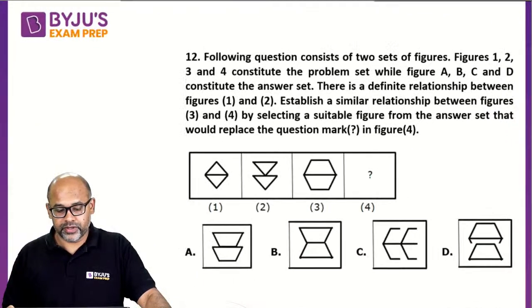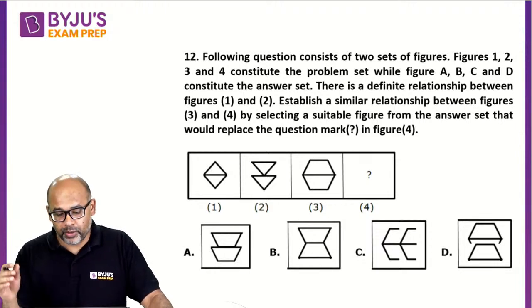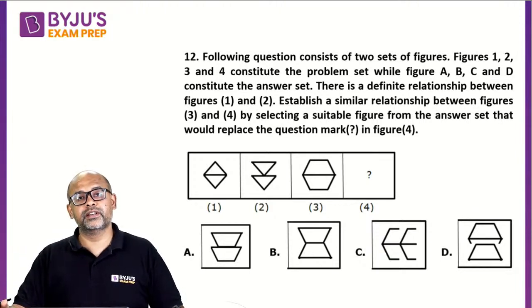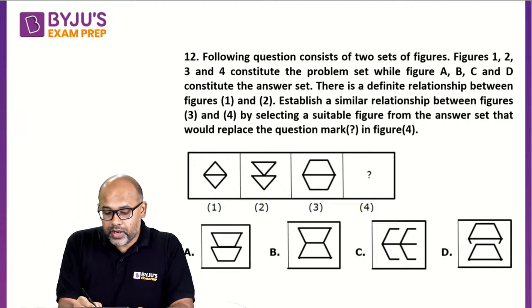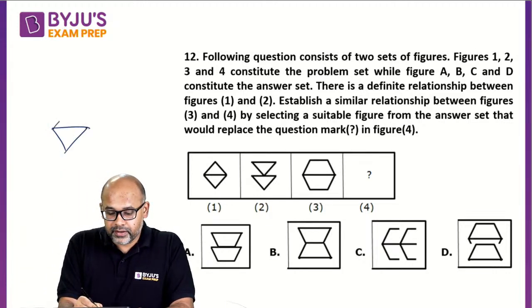Let's move on. Next question. Again, a very simple one. Probably in 15 seconds you can give me the answer for this. 15 seconds. Great. So you have a figure this way.